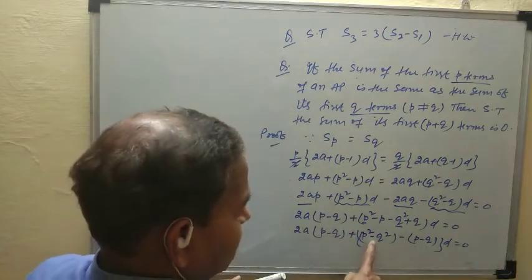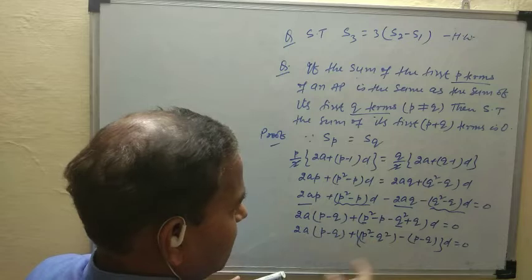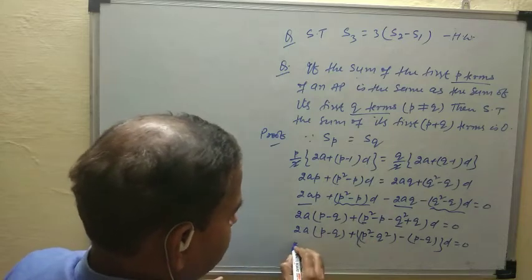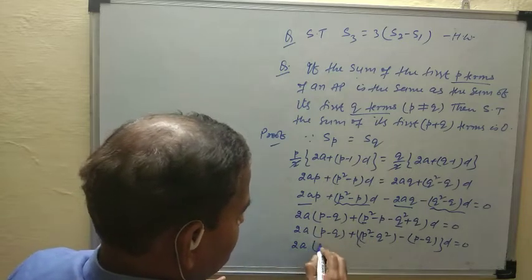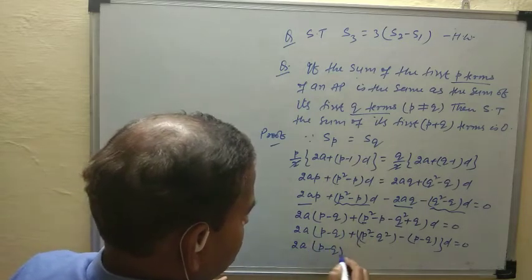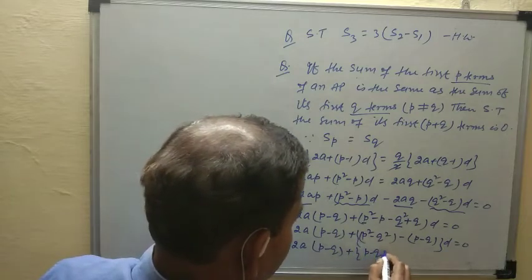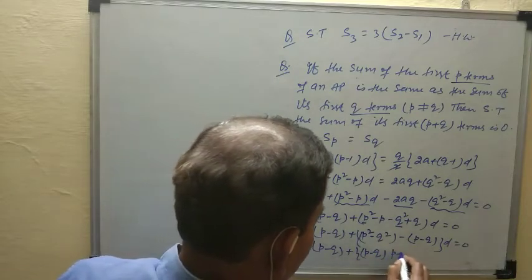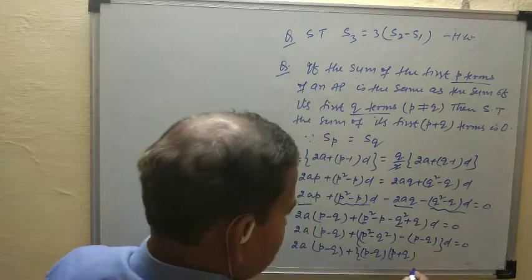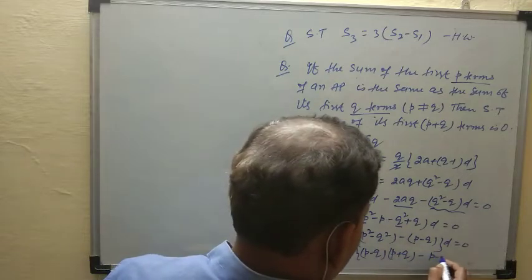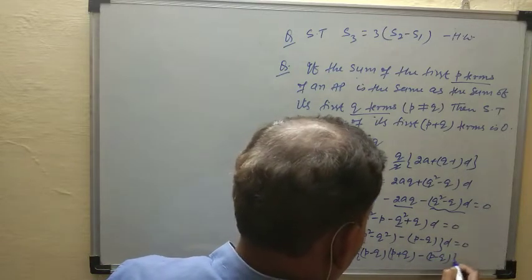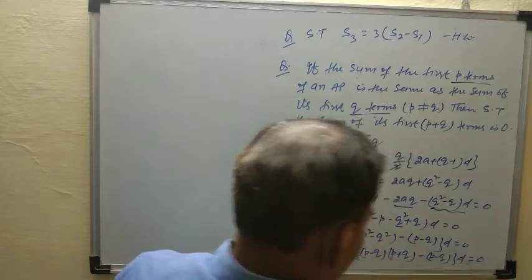Then use the identity a square minus b square is a plus b into a minus b. So 2a into p minus q, plus p minus q into p plus q minus 1, into d is equal to 0.